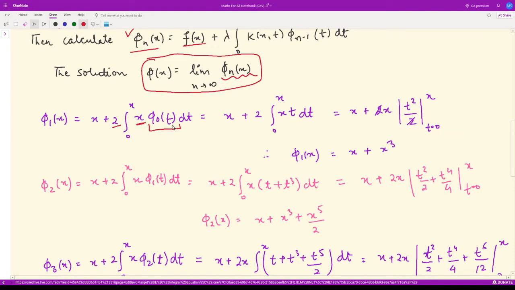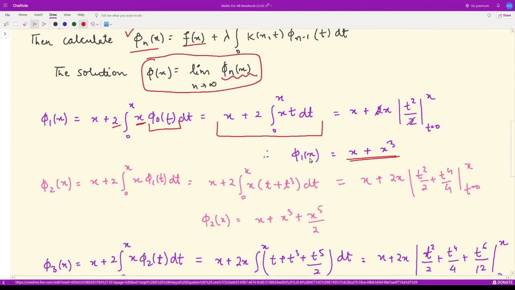What was phi naught x? Our phi naught x was x, so phi naught t is t. So we can simply integrate this. x can be taken out of the integral sign, then the integration of t would be t square by 2, with limits from 0 to x. So when you put the limits, you'll have something like this.